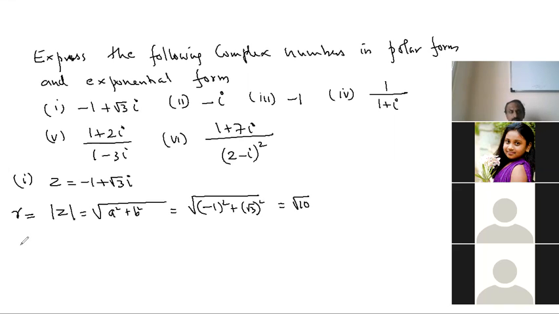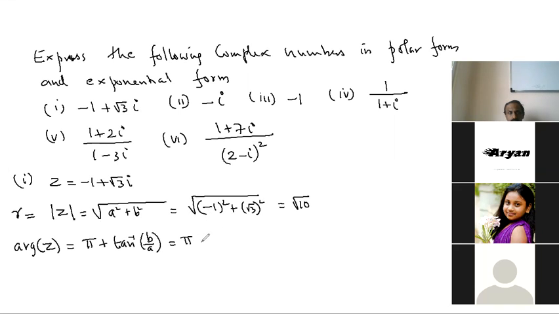Now we have to calculate the argument. Argument or amplitude, both are same. This is in which quadrant? Second quadrant. So pi plus tan inverse b by a. Wait, the modulus should be 2: the x coordinate squared is 1 and the y coordinate is root 3, so 1 plus 3 is 4.